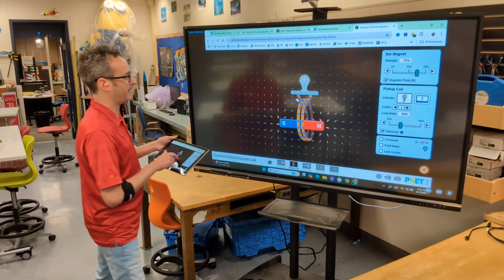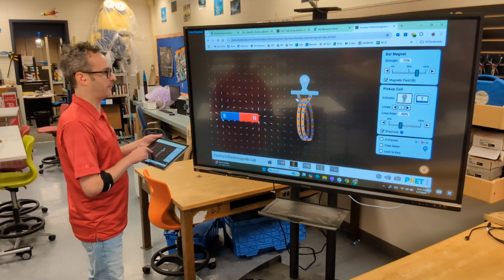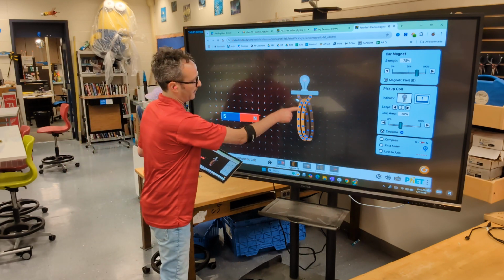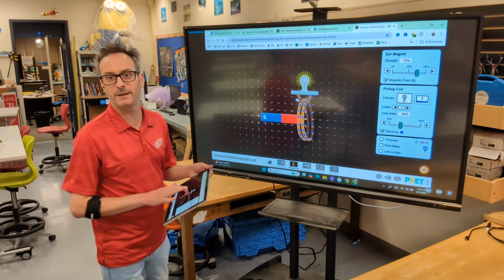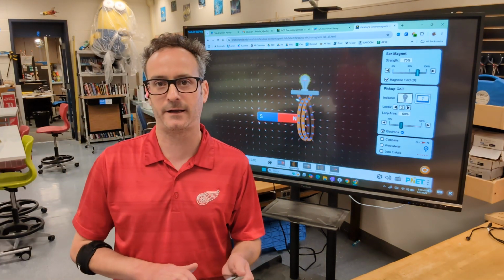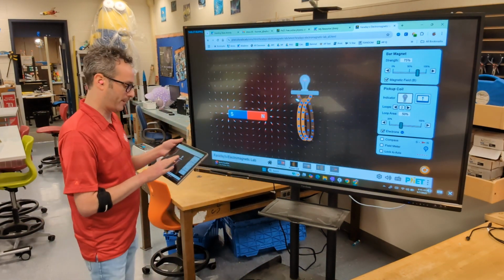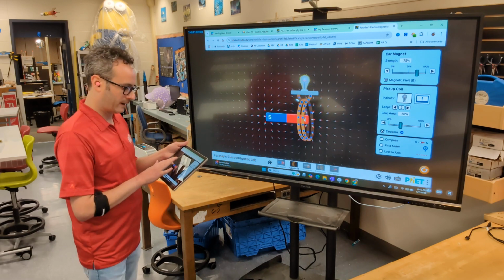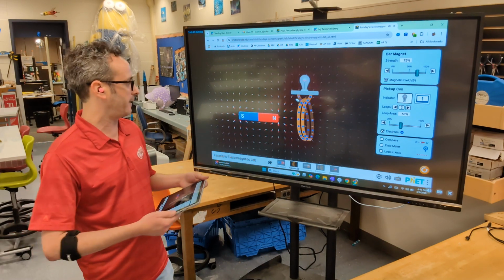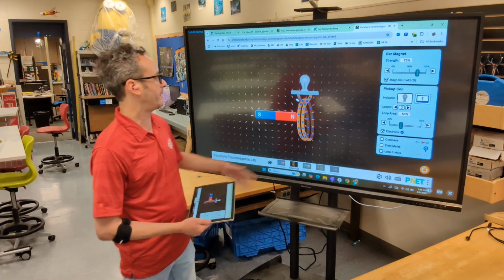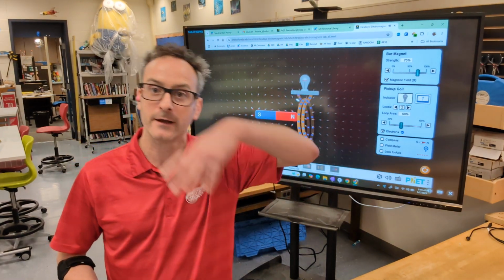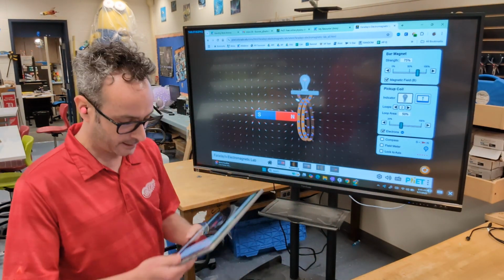So you can see as I move the magnet in and out of the loop, the electrons move, and that generates a current, right? And that's what lights the light bulb up. So the idea is that a changing magnetic field will generate an electric field. That's an electric field that pushes the electrons around.